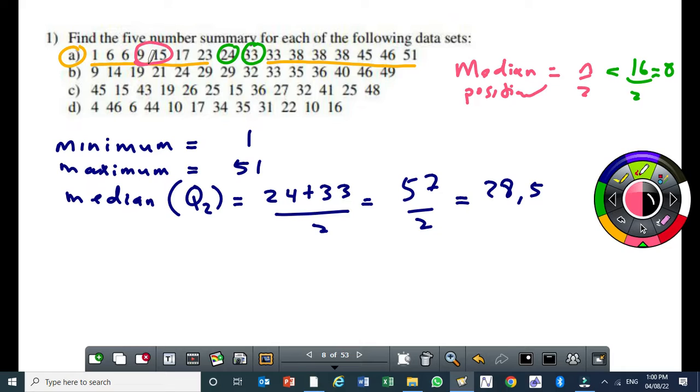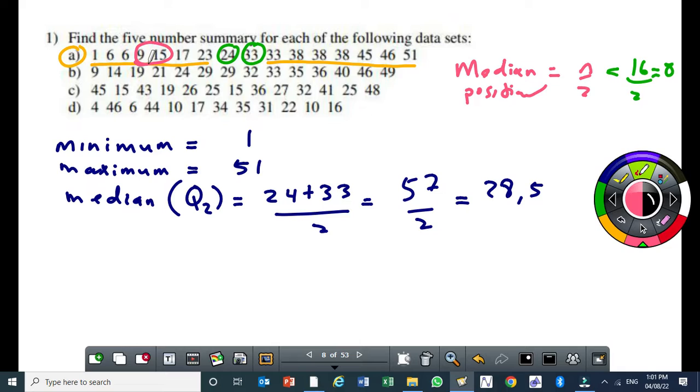Okay. All right. So I'm going to repeat this. The lower quartile, Q1, is the median of the first half of the data set. So if you've got a full data set of 16 values, the first half must have 8.